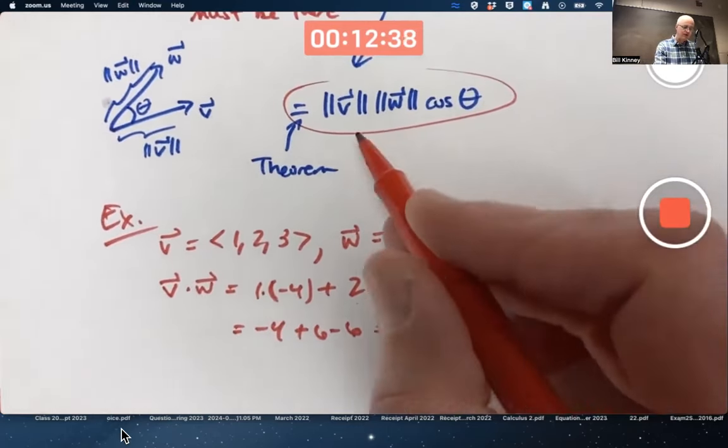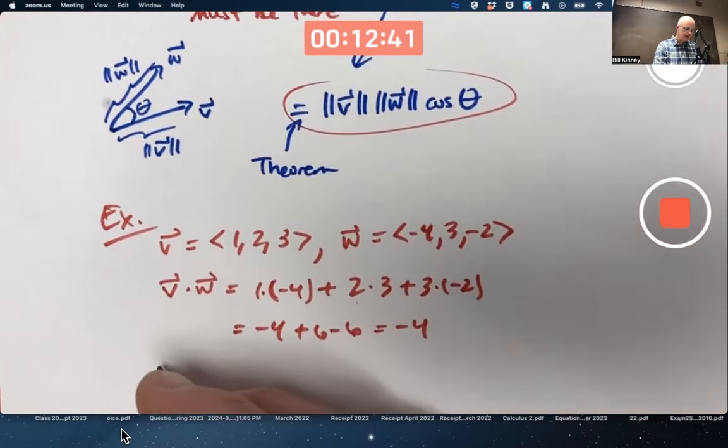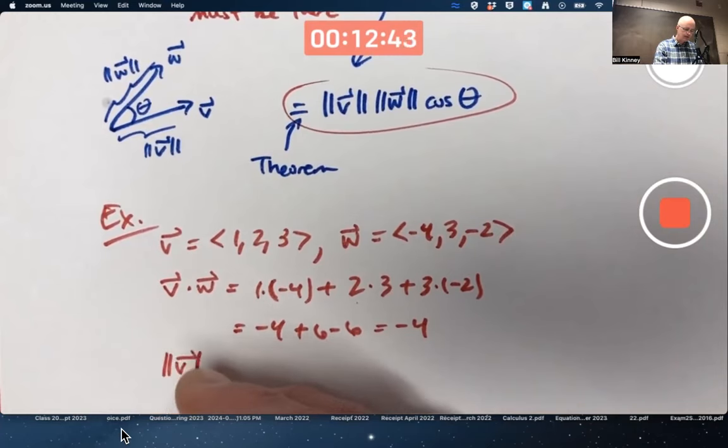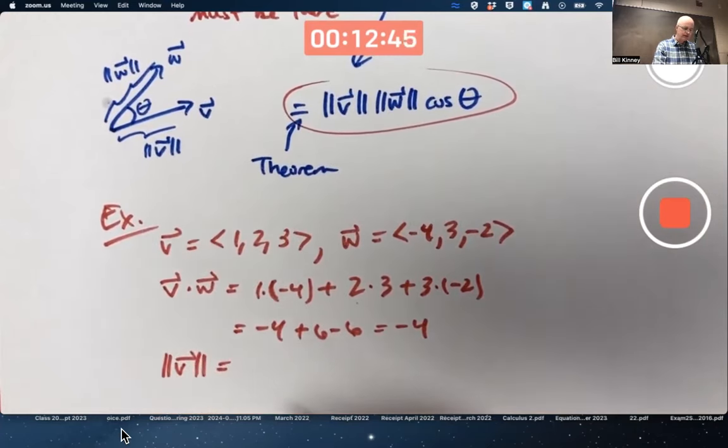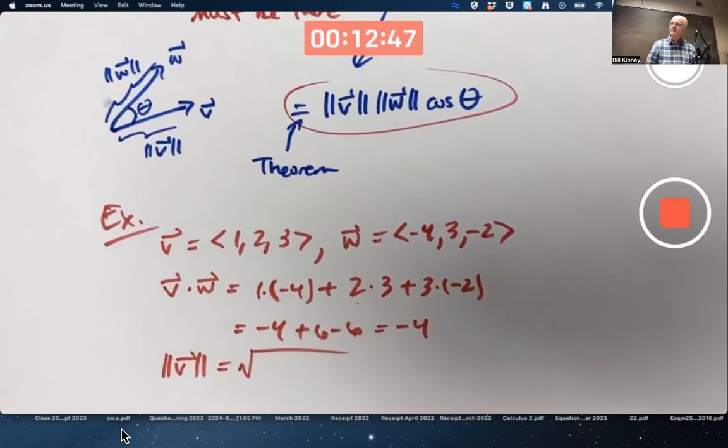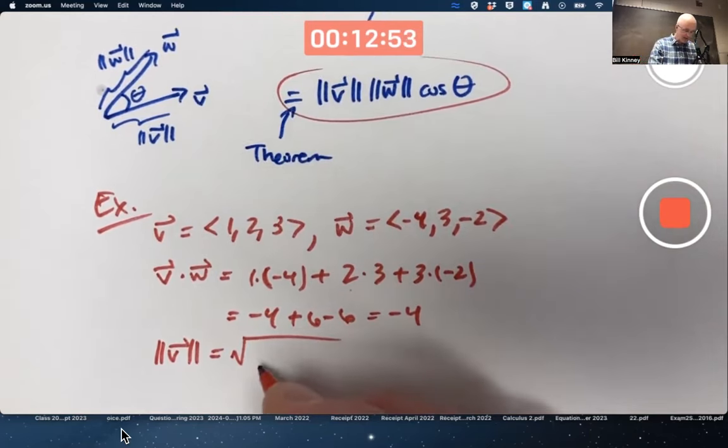What about the magnitude of V and the magnitude of W? Magnitude of V is the square root of the sum of the squares of the components of V. I mentioned this, I think, last Friday. That's the same as the square root of V dotted with itself.